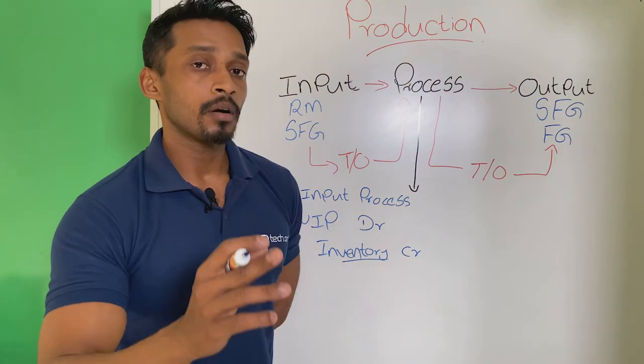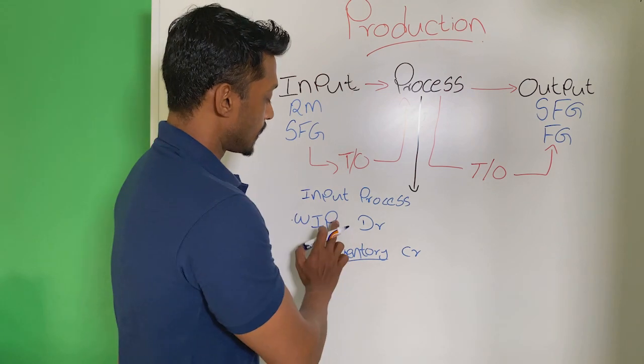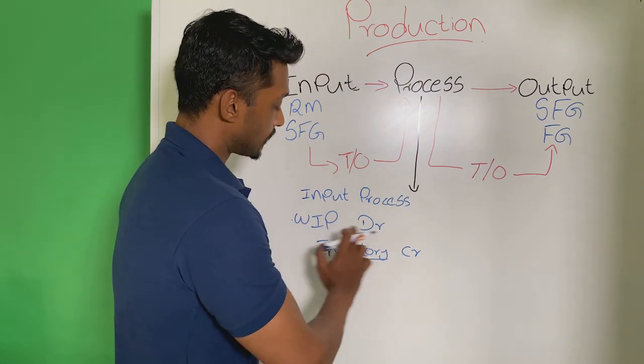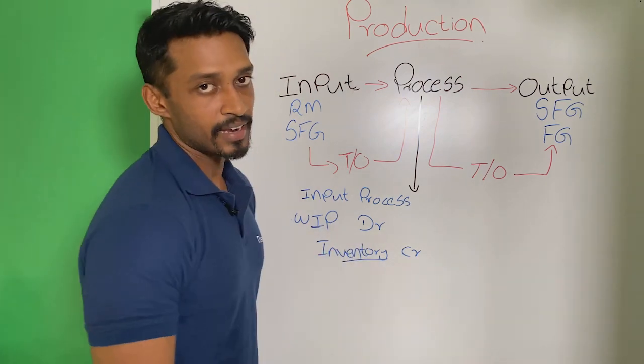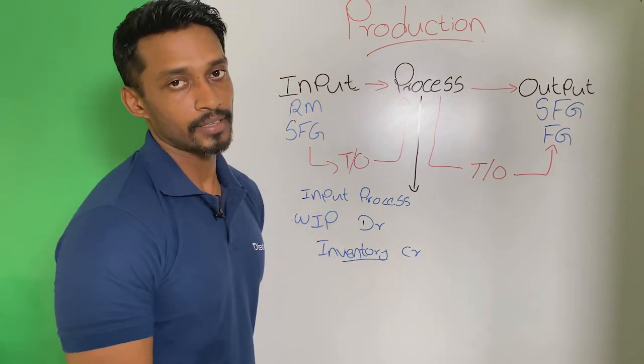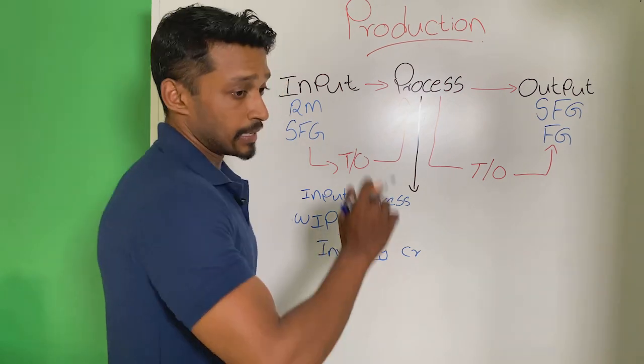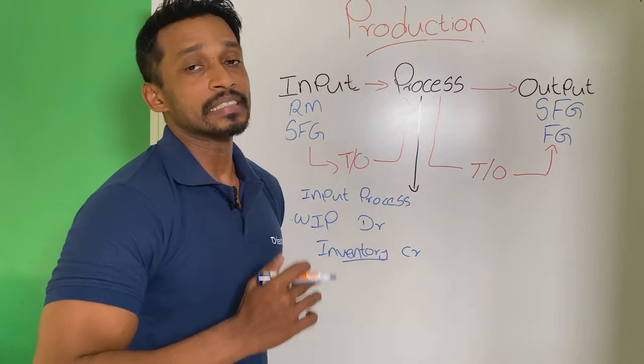The WIP account is also an asset account, but now it's not held as inventory. It's held as a work in progress account, right? This is how it happens. Your item is still in the process.